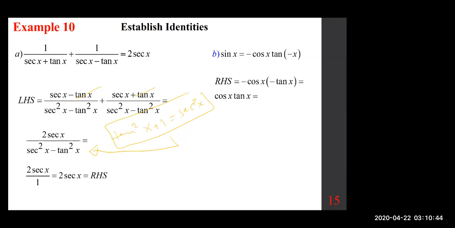Anyone? Should we switch the tangent into, you're absolutely correct, into what? Sine x over cosine x. That's it. You're done because the cosine drops and you got the answer. And this is it. Believe it or not, this is it, class. Okay. So it's very straightforward. I hope you see that.